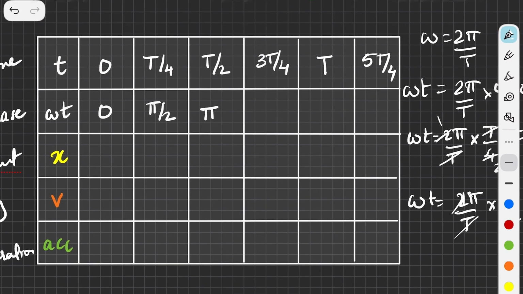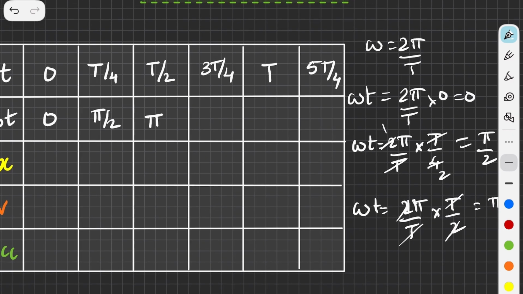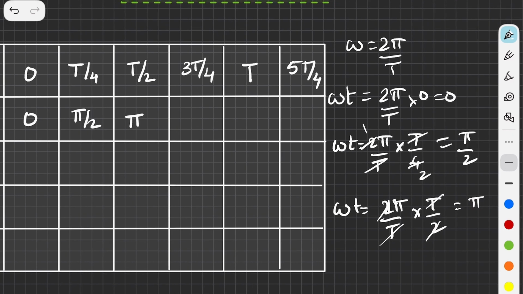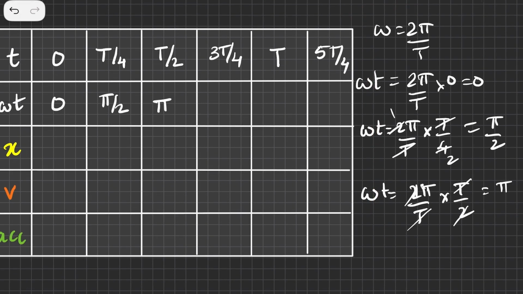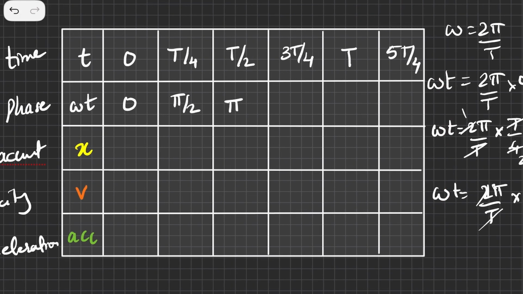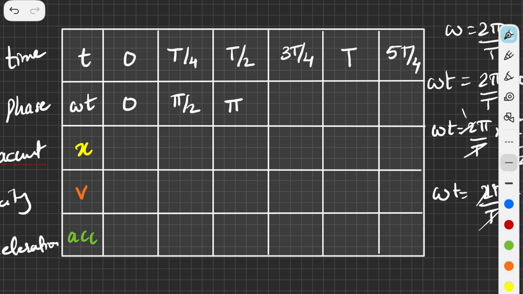Now if you can get the logic behind this, you do not have to solve it further. You are also not supposed to write all these things. You can just say 0, pi by 2, pi. So you can just get, this is 0 degree, this is 90 degree, this is 180 degrees. So this should be 270 degrees, 360 degrees, and 450 degrees, which in radians would look something like this: 0, pi by 2, pi, 3 pi by 2, 2 pi, and 5 pi by 2.